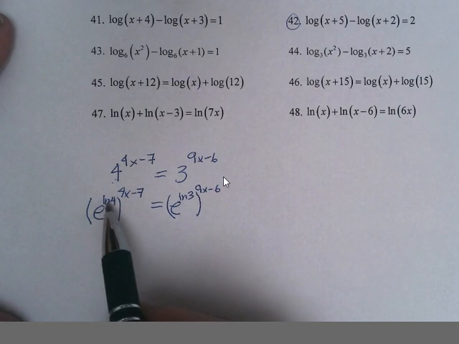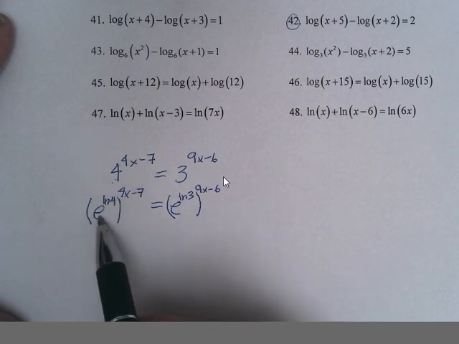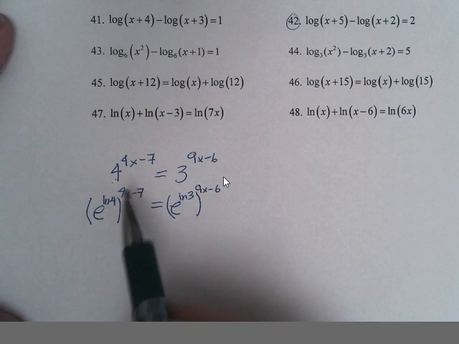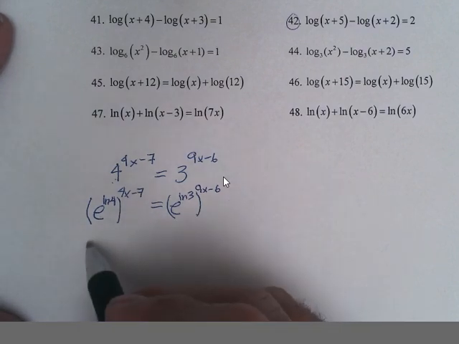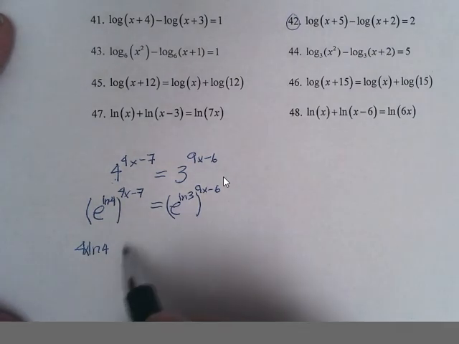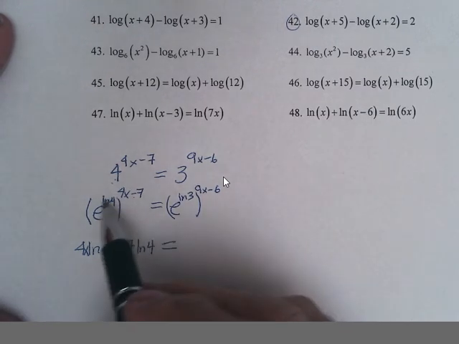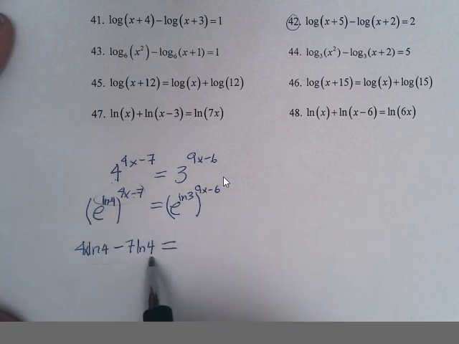Then we multiply the powers, because it's something to a power, you multiply the powers. So we have ln 4 times 4x minus 7 times ln 4 equals, that's what this all would simplify to.